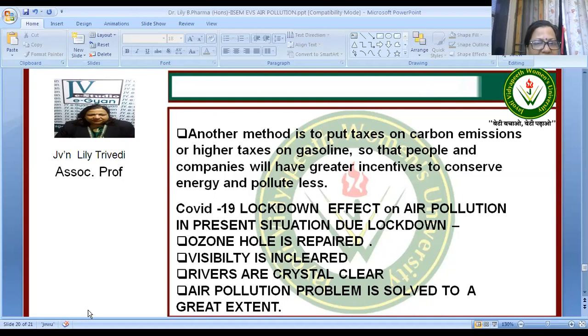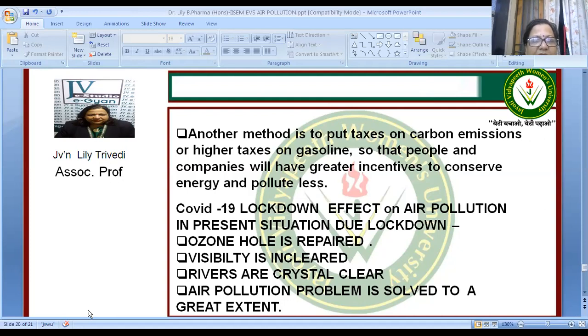All the countries of the world have put a lockdown on their activities, and therefore due to the lockdown, due to the stoppage of automobiles, factories, movement of people, and so many activities, the atmosphere or mother earth has regained its health, and therefore you can see the reports are coming that the ozone hole has repaired, the visibility is clear, and the rivers are now crystal clear, pollution free, and the air pollution problem is solved to a greater extent.